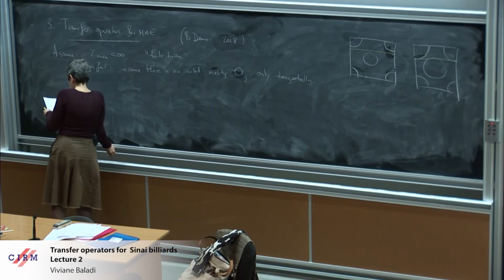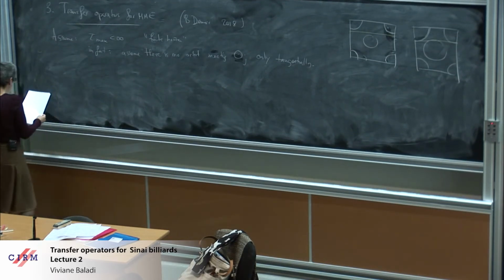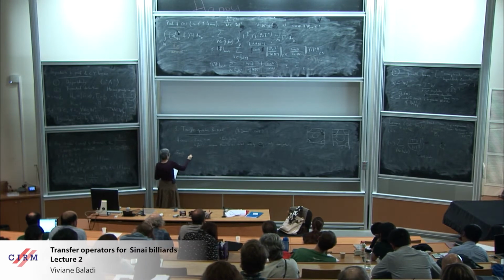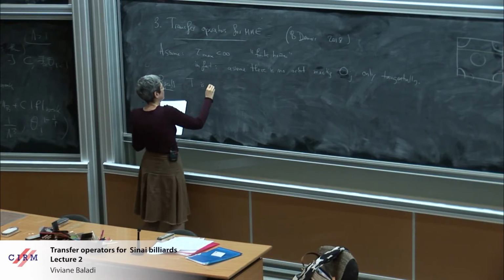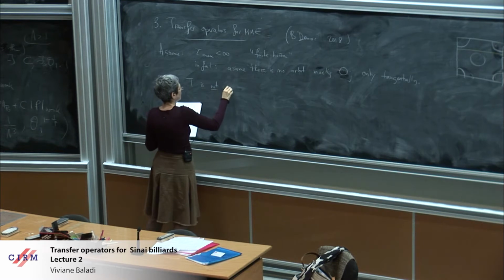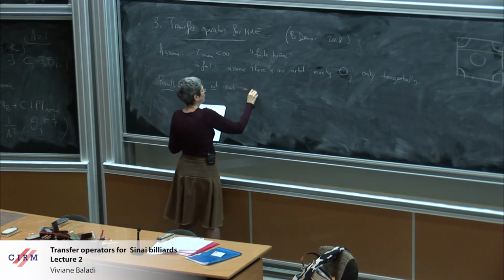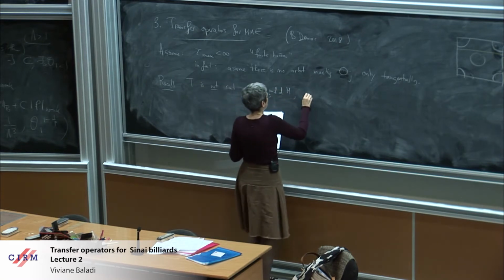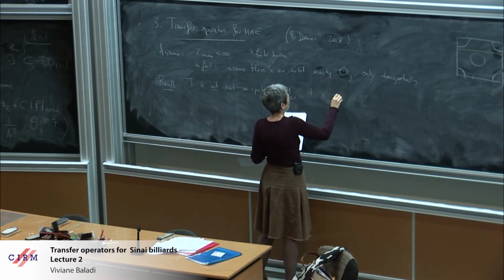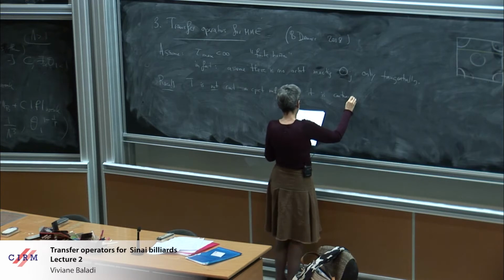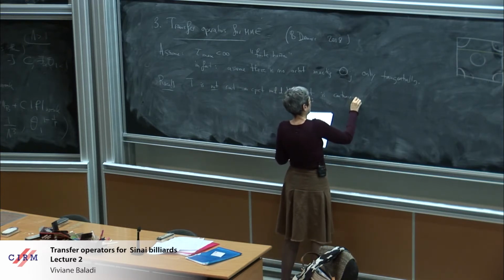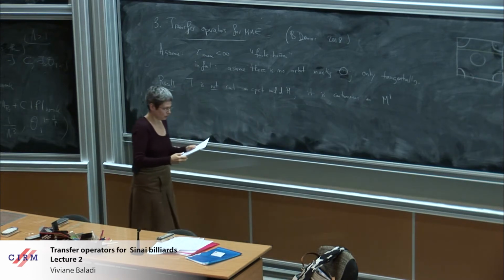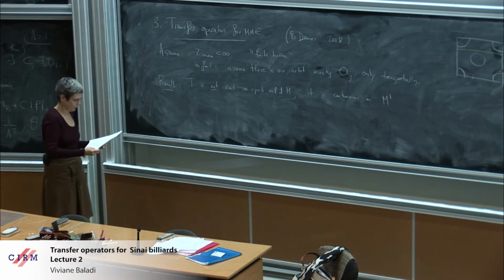Okay, so now let me just remind you that T is not continuous on the compact manifold M. It is continuous, but of course not uniformly continuous on M prime, which was this full measure set that you get when you remove this countable union of curves.